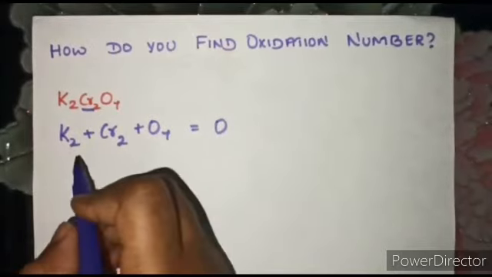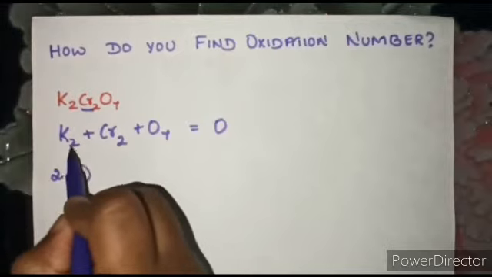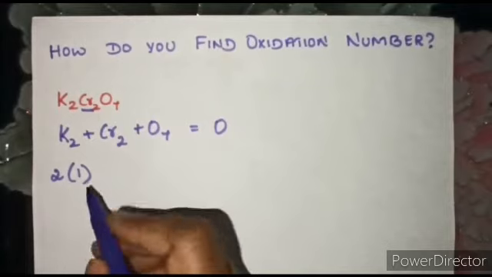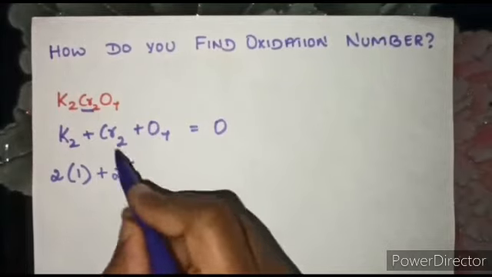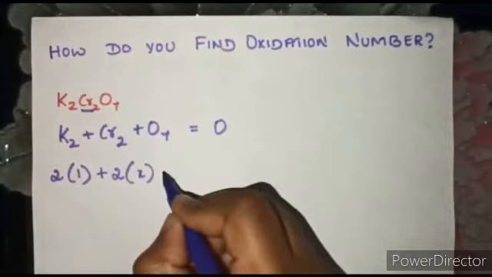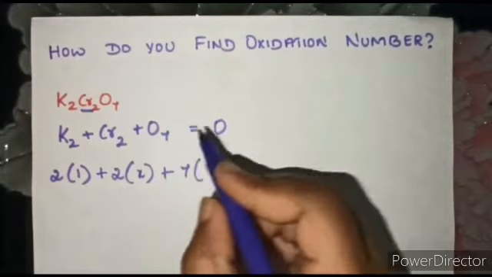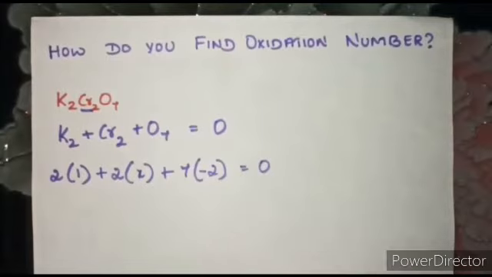As said before, K has the oxidation number of +1. So 2 of K into the oxidation number of K, which is 1, plus 2 of Cr. The oxidation number of Cr is unknown, so we are going to put x, plus 7 of oxygen. The oxidation number of oxygen will be -2, which is equal to 0.